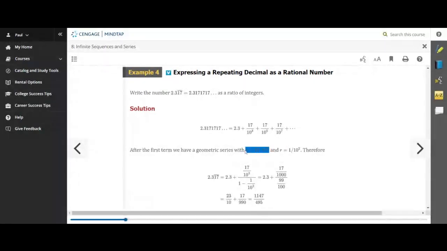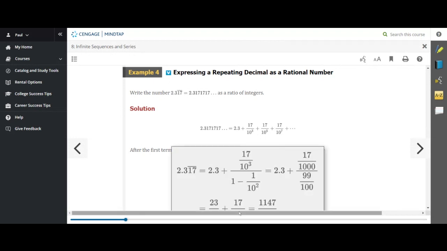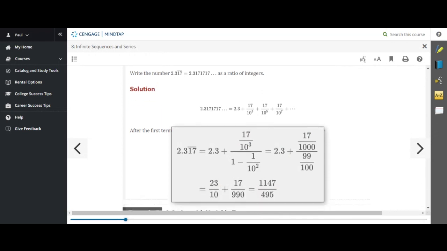All right, well then if I go back to the book to finish up this example 4, so there's the first term of the geometric series, common ratio, and they're able to write the repeating decimal as a rational number.